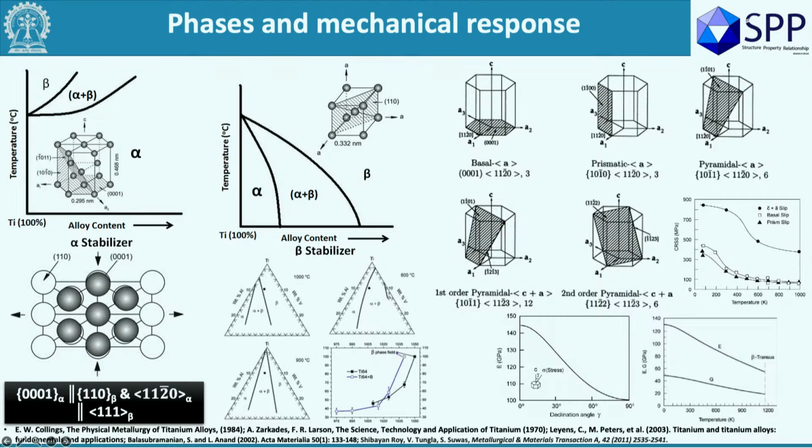At higher temperature, titanium deforms much more easily because the CRSS drops and you have a larger number of slip systems available. Plus the beta phase volume fraction also increases with temperature. That helps at higher temperature. So all the thermomechanical processing of titanium alloy happens at a higher temperature. At room temperature, there is a big role of twinning.